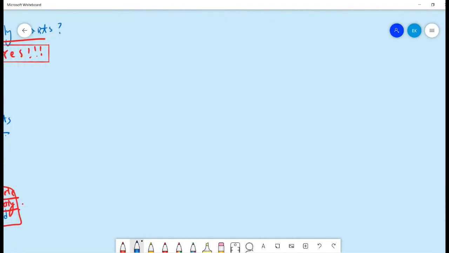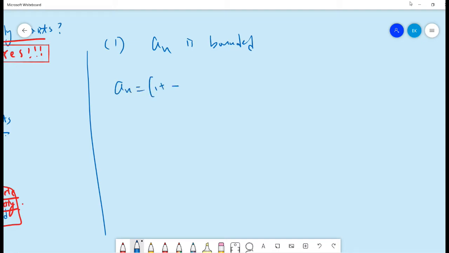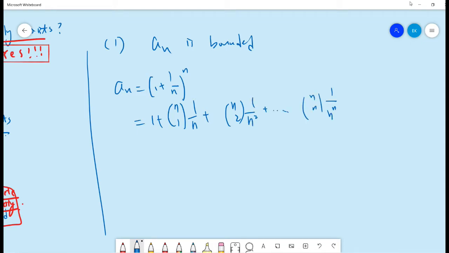So the proof. First, a_n is bounded. This is really trivial. I don't know how you guys will show this, but how I show it is I just use the binomial coefficients.